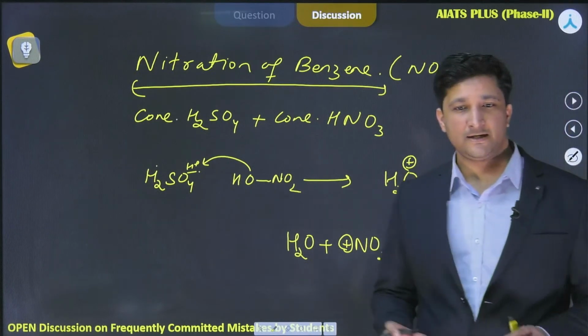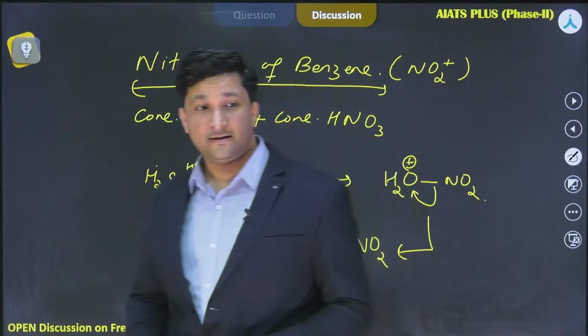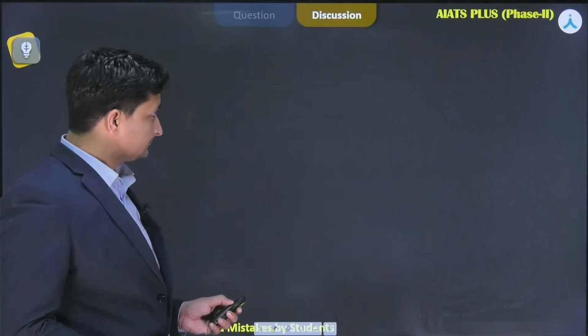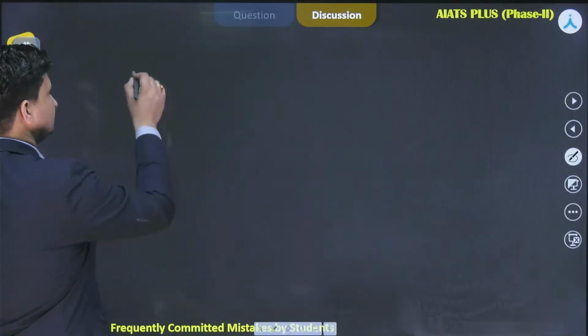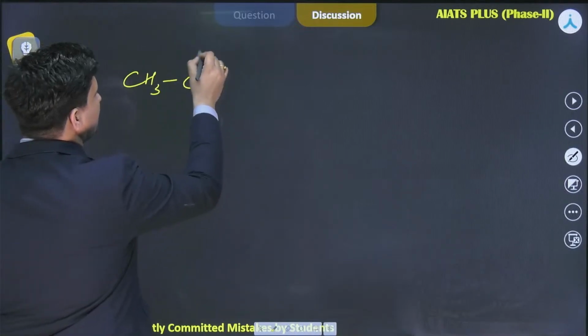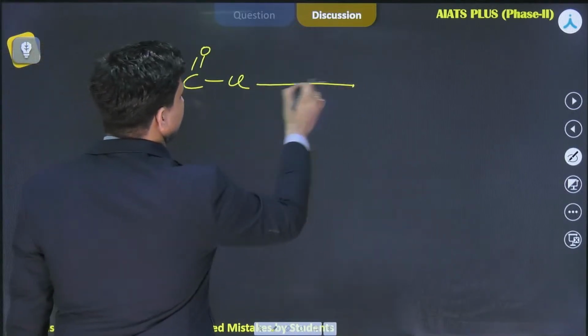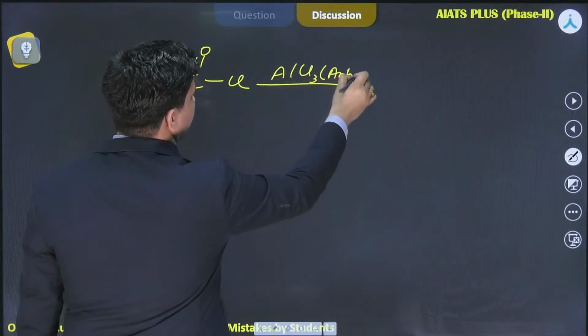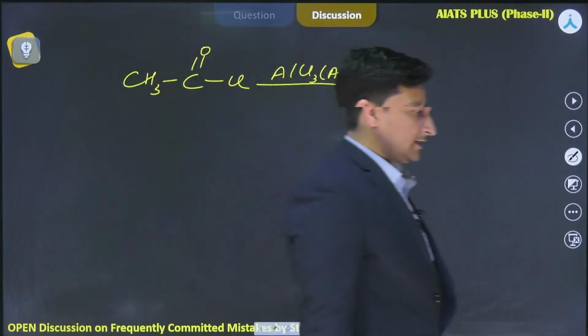Okay, then there is Friedel-Crafts acylation. Suppose we are using CH3C double bond O Cl in anhydrous AlCl3. What will be the product formed here?